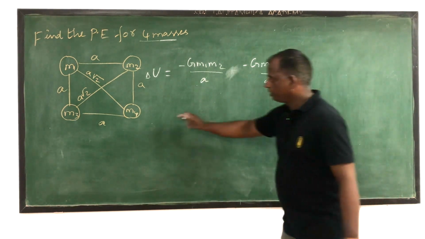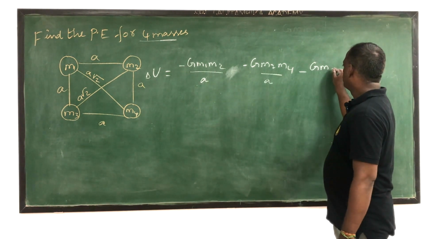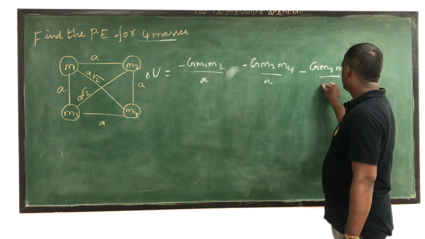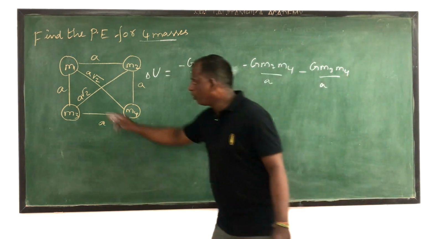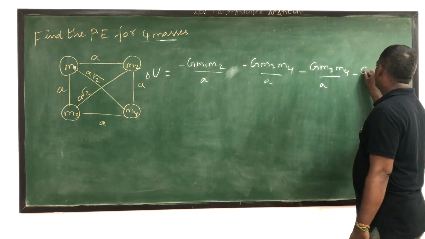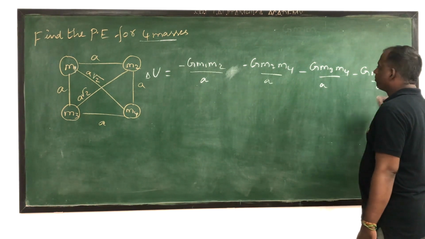Then m3 m4, minus G m3 m4 by A. Then m1 and m3, it is minus G m1 m3 by A.